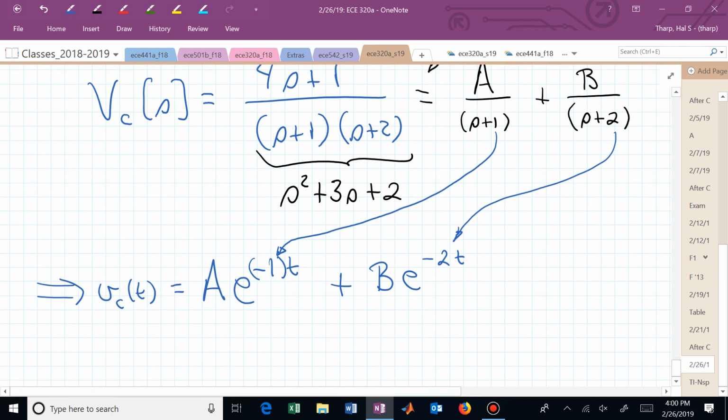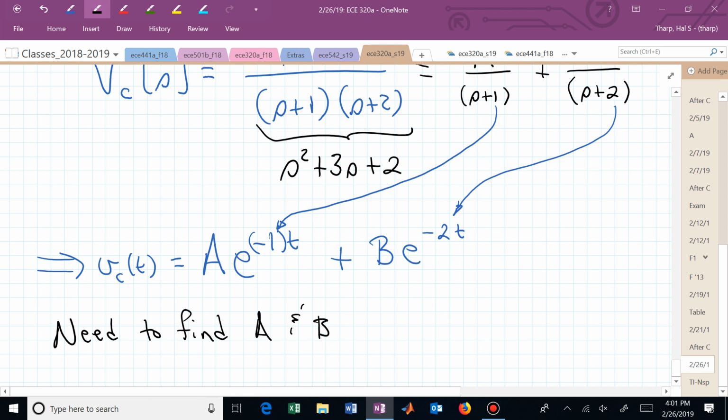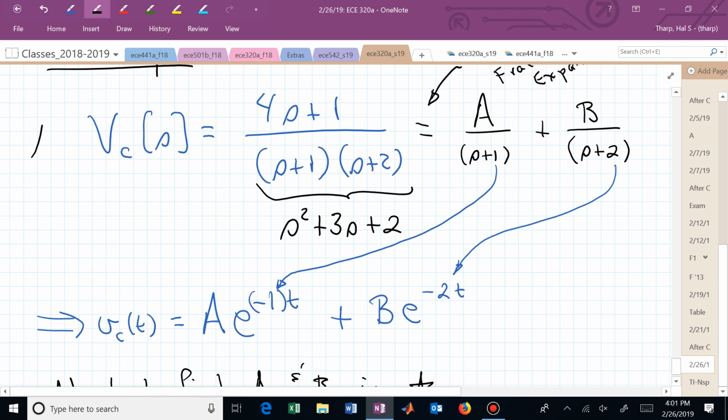What we want to do now is determine what a and b are equal to. So we need to find a and b in equation star. Whatever is on the right-hand side needs to equal that blue transform expression on the left.